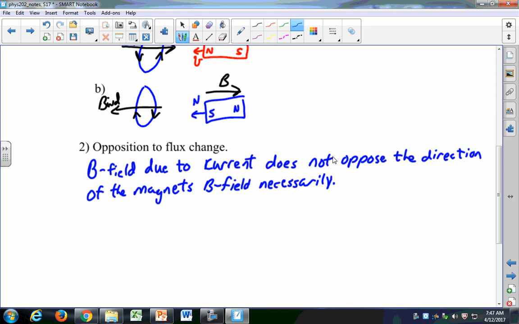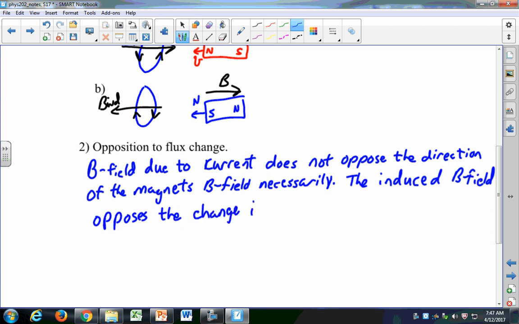Because instead what Lenz's law is saying is that the induced B field opposes the change in the magnetic flux. With the operative word being change there, that we're instead looking at the change in the magnetic flux.